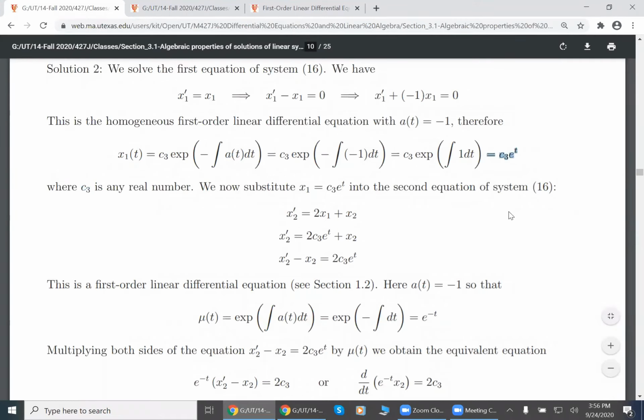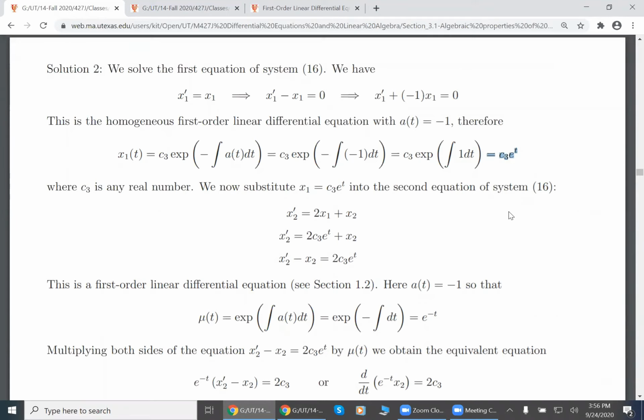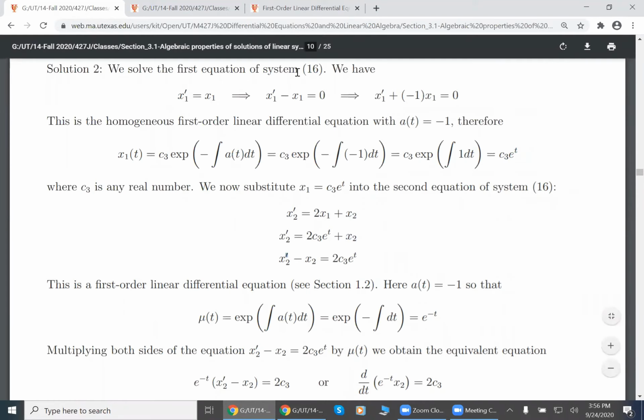How do we find x2? Now let us plug this into the second equation of our system. We replace x1 by this, done, and move x2 to the left, done. Now this is a non-homogeneous first order linear differential equation with constant coefficients.